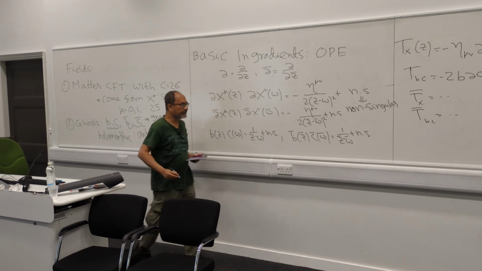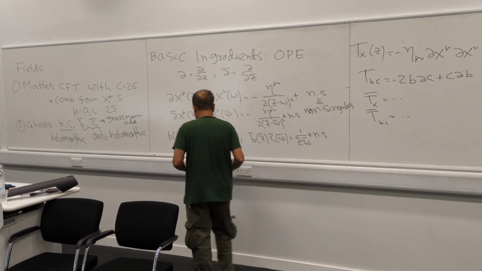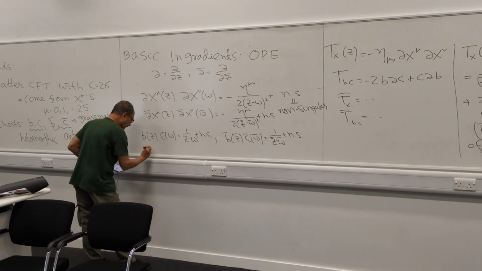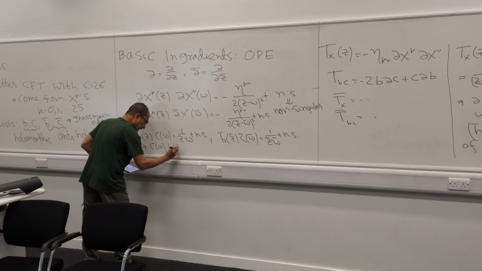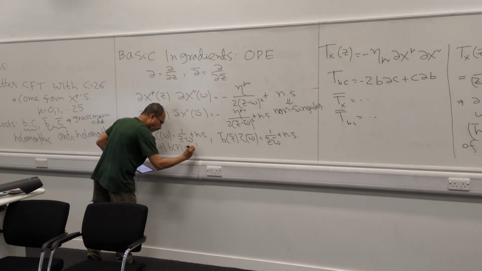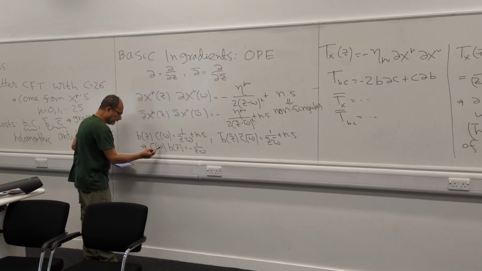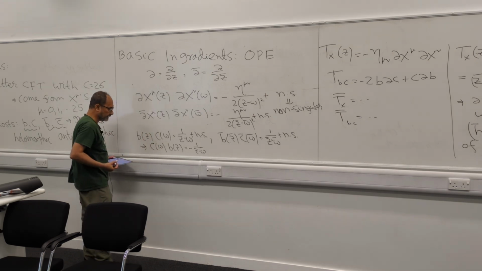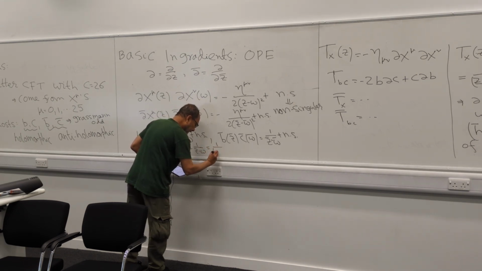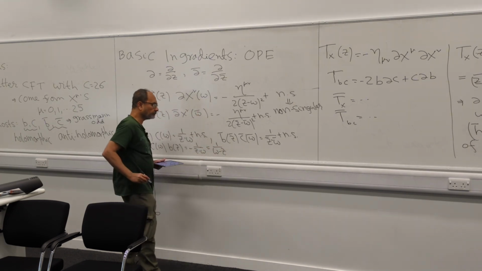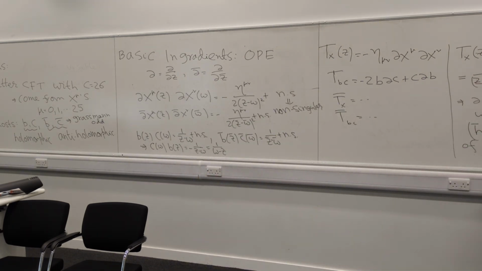So this OPE, for example, also means that c of w, b of z is minus 1 over z minus w. This minus is because we have exchanged the position of c and b, which I can also write as 1 over w minus z. So with this, let's do this calculation.